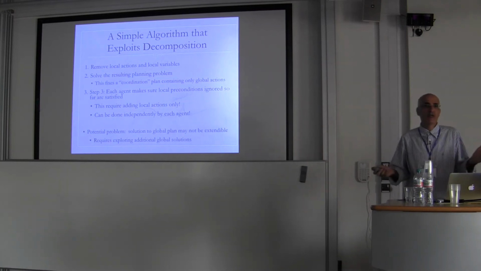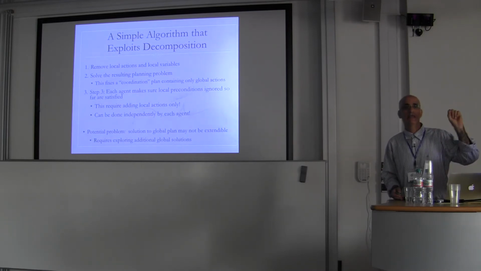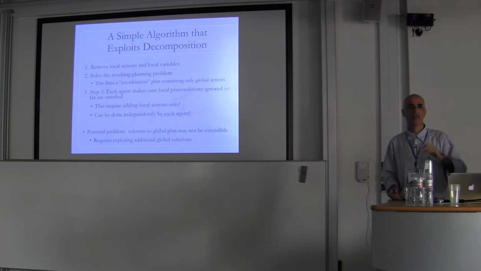There's a simple trick you can do that will always work. Add a new goal variable, goal achieved. Have an action whose preconditions are basically all the original goal conditions. They could be global and local. This doesn't always work, but this is the gist of it.